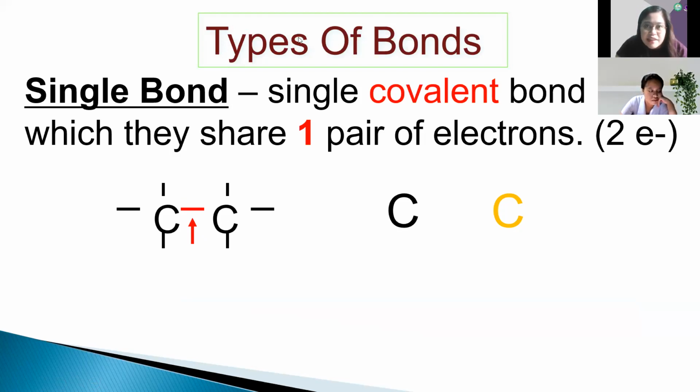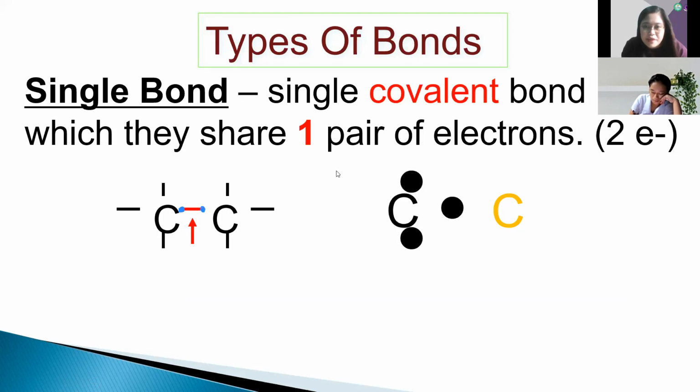So like this one, this carbon on the left will share 1 electron here, and this carbon on the right will also share 1 electron. So a total of 2 electrons, class, or we just call it 1 pair of electrons being shared. Kapag ganon, automatic single bond yung mabubuo.